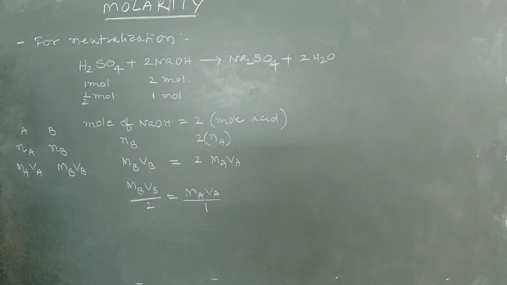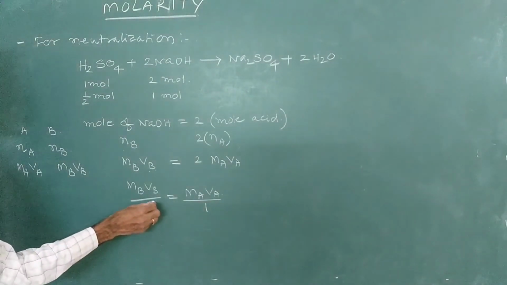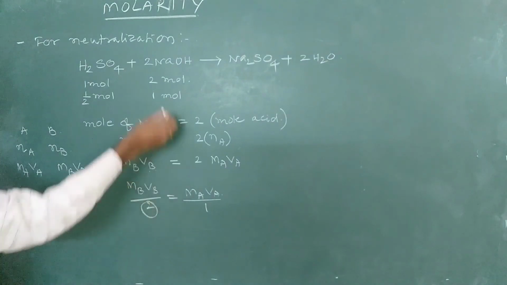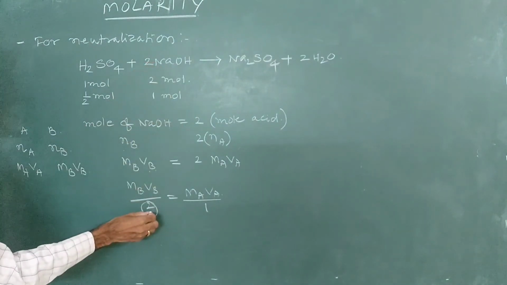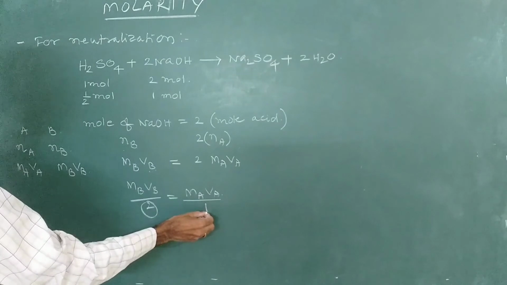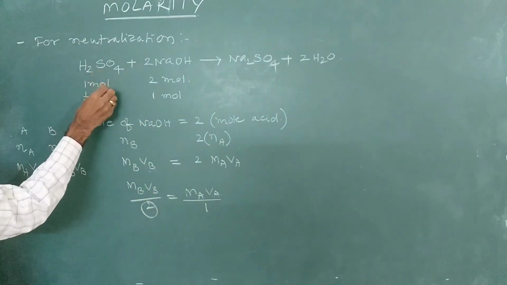So what is 2? 2 is nothing but the number of moles of base, and 1 is the number of moles of acid.